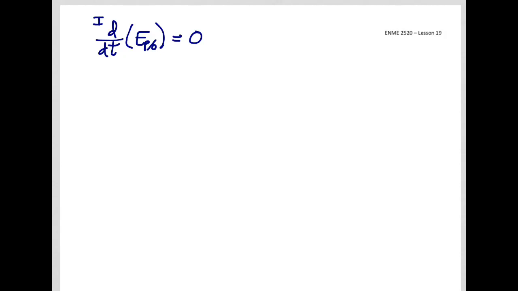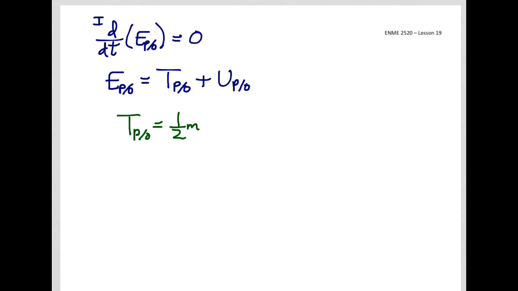So let's determine an expression as a function of the state for the total energy of the system. That's going to be the kinetic energy of the system plus the potential energy of the system. For our kinetic energy, T of P with respect to O, this is equal to 1/2 m multiplied times the norm of the velocity of P with respect to O, as observed in the inertial reference frame, squared.